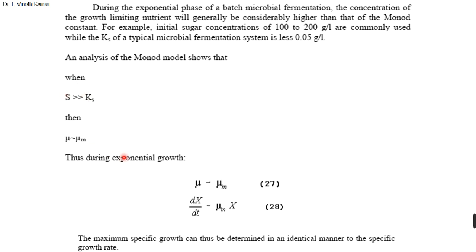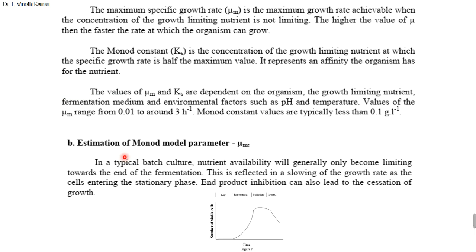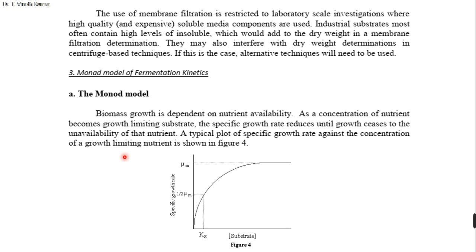For example, I'll explain again using this graph. You can see here this Ks. If you are using a concentration above the Ks value, for example, this is 10 millimolar, 20 millimolar, 30, 40, 50, 60, 70, 80, 90.